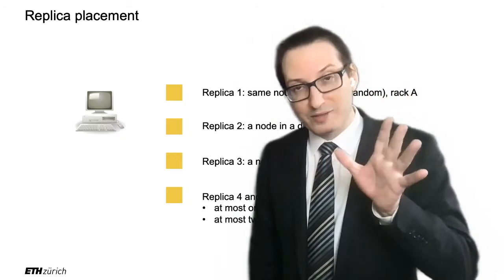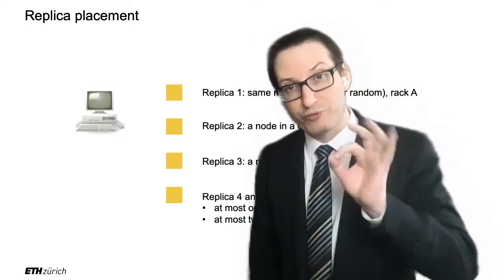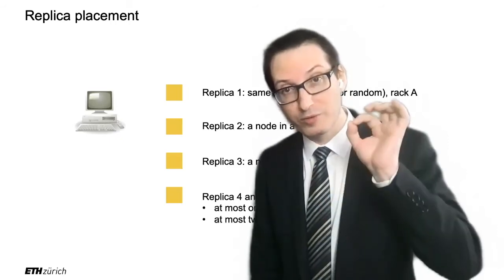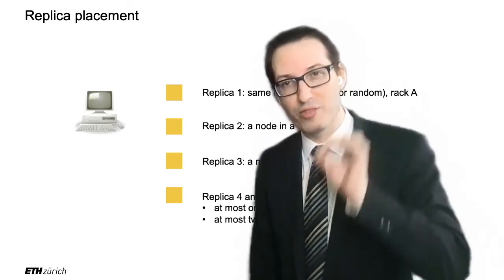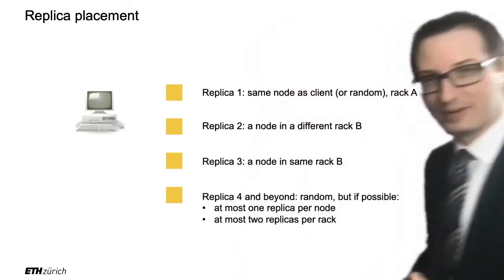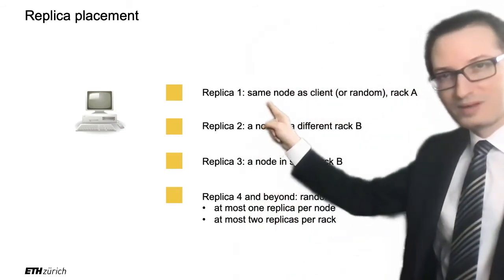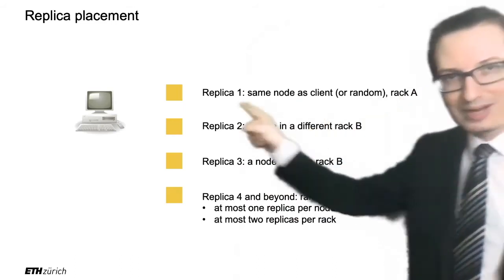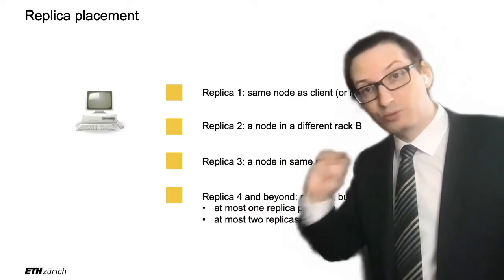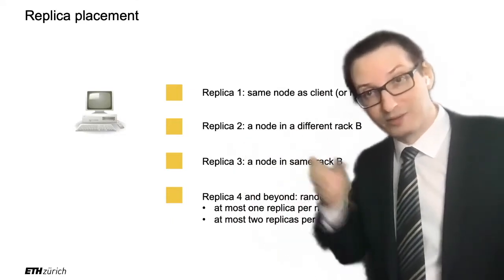Now, here's how it works. When you want to write a new block, the first replica is going to be stored on the same machine as the client. Let's call the rack where the client is rack A. The second replica is going to be stored in a different rack, a different tower.